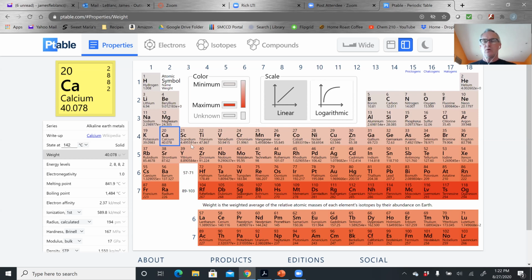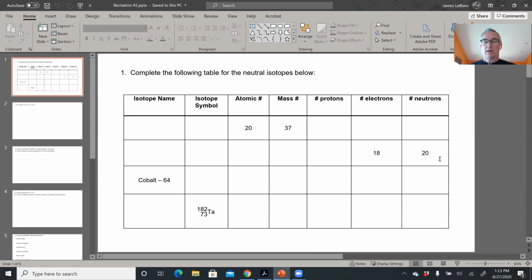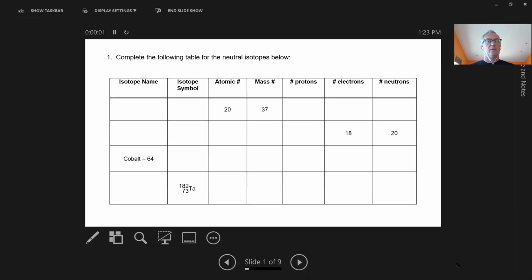So here we know that our element is calcium. So we can go back and look at our isotopes here. Our isotope name will have first the element name, followed by a dash, and then the atomic mass.